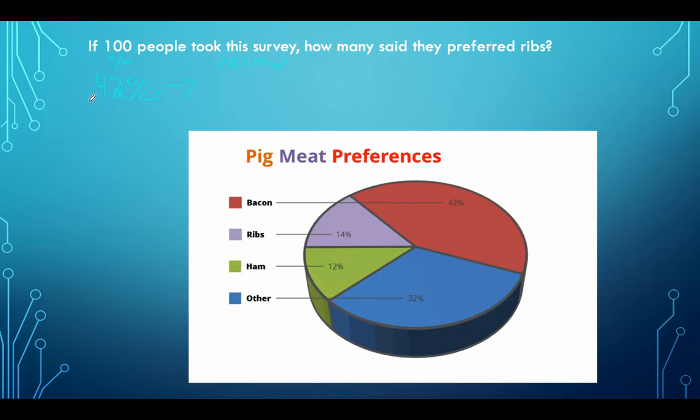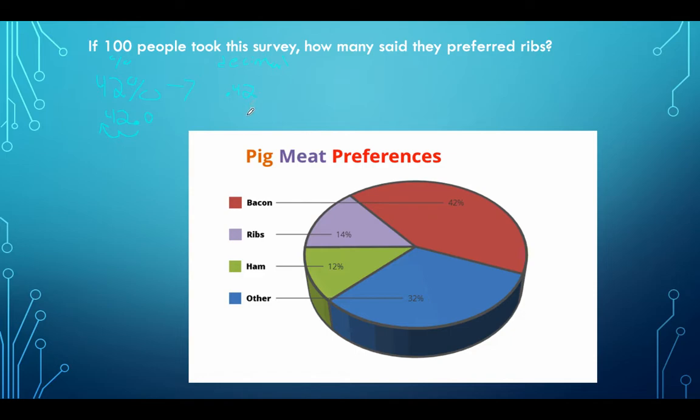If you can imagine 42, the decimal point would be right there, right? 42.0 is the same as 42. To convert a percent to a decimal, you move the decimal point twice to the left. So we're moving it here and then here. So 42% as a decimal is 0.42.